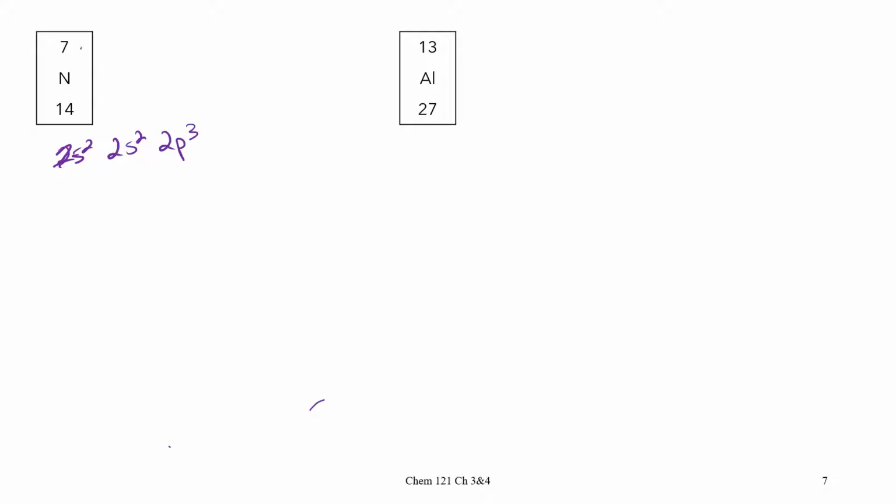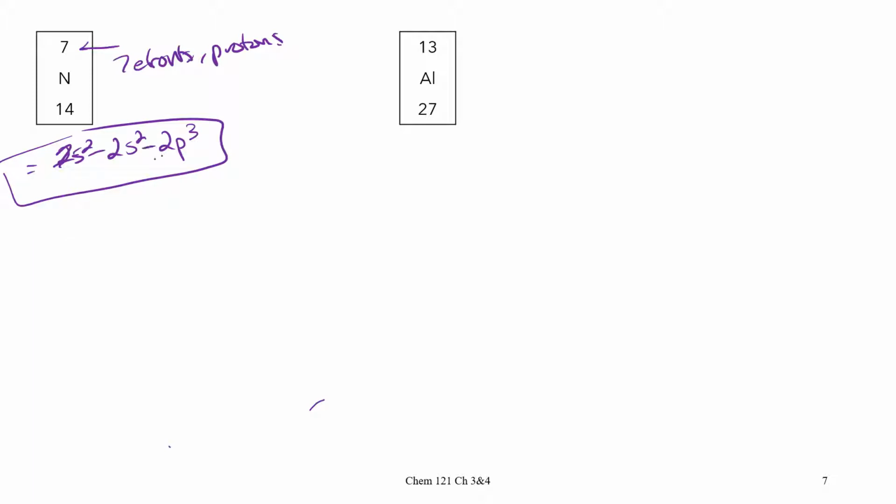You can remember off the top that if we're looking at the 7, and they're neutral, we're going to have 7 electrons and protons. This would be our answer. If you look at the exponents, a 2, a 2, and a 3, and you add those together, you should get the amount of electrons and protons that you have.